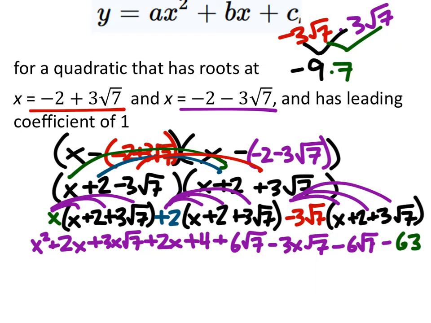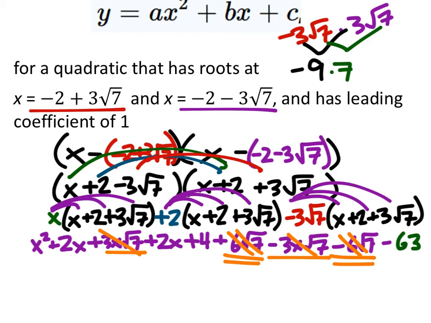Well, let's just look at this and see if anything can be eliminated. So, yeah, the 3x root 7 and the negative 3x root 7, those are going to cancel. And the 6 root 7 with the negative 6 root 7, those are going to cancel as well.